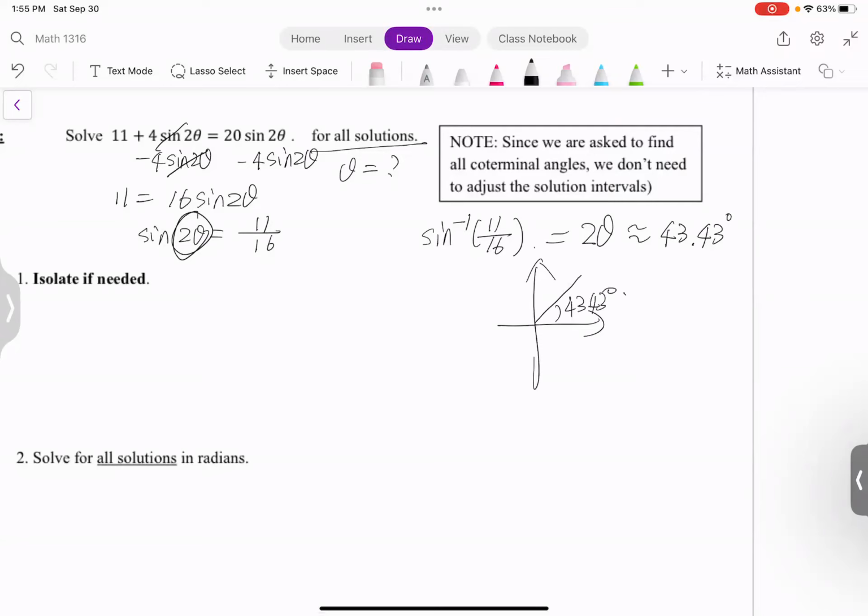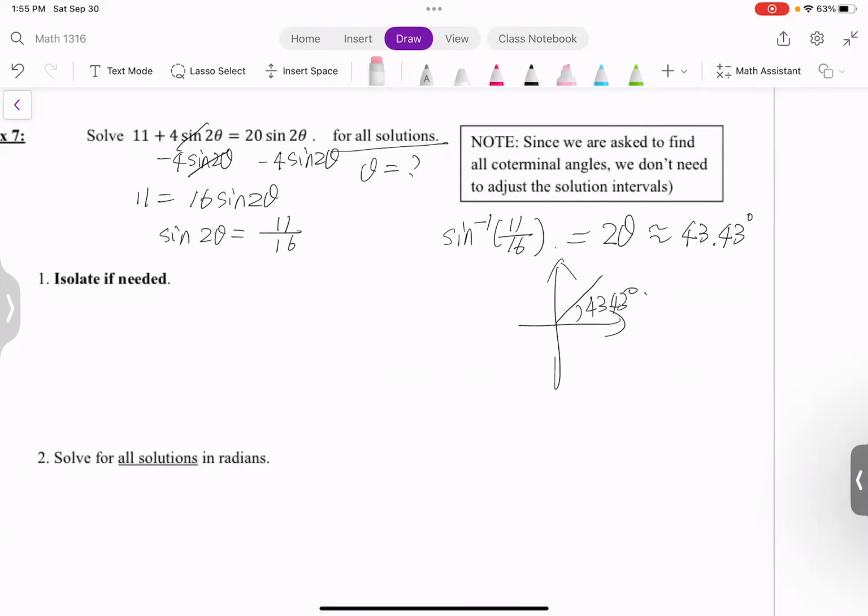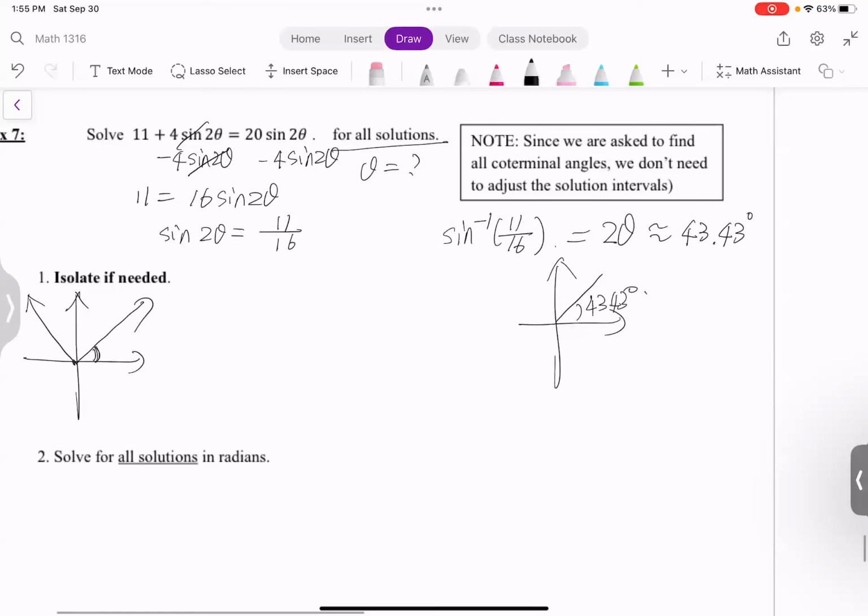But let me ask you, from the equation sine 2 theta equals 11 over 16, over one full cycle, sine is positive. I must have an angle here, and I also need to have an angle in the second quadrant here. The calculator only gave me the angle 43.43 degrees.